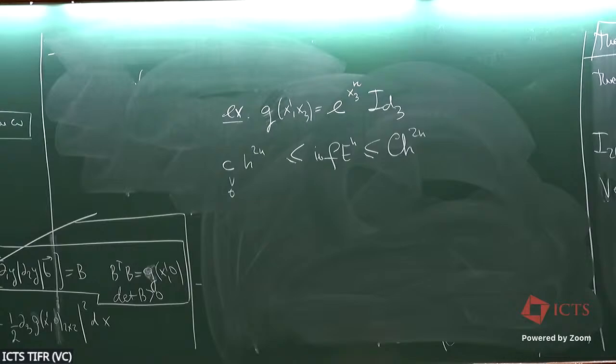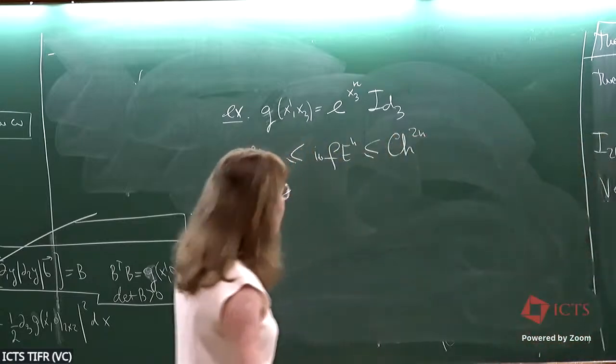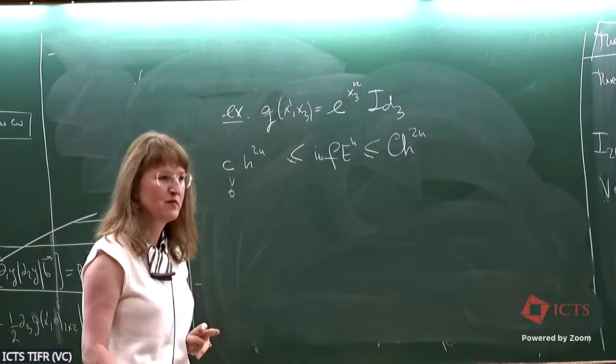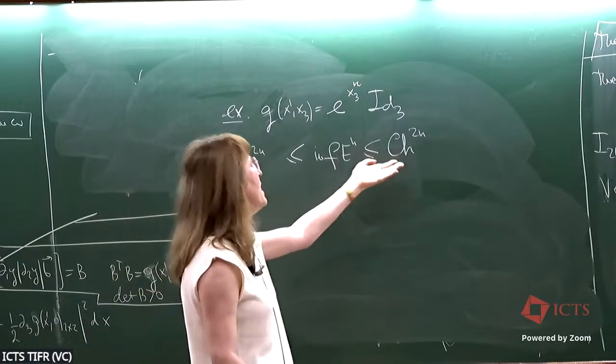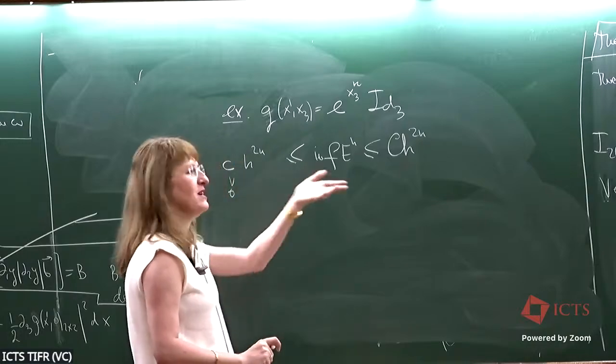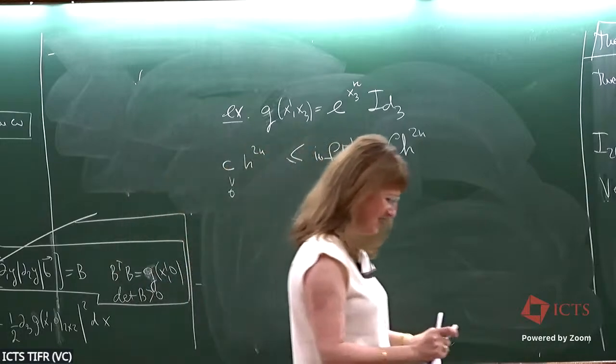So if you want the scaling of your energy to be exactly like h to power 2n, okay? In particular, you can take a metric like this. And that's not just an upper bound, but also has a lower bound. And then the gamma limit is as I described.